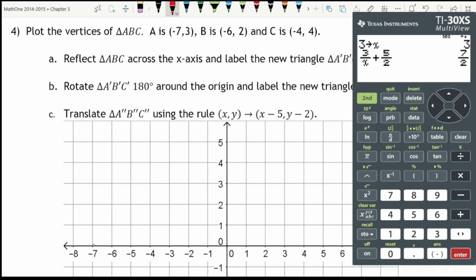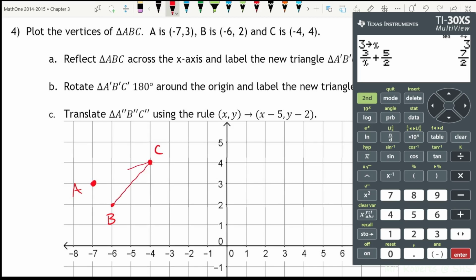So I've got -7, +3 as a point, and that is the point A. The next point that I have is -6, +2, and that is B. And then my third point is -4, comma 4, which is C. So you can see I've got triangle ABC. I can connect these points.